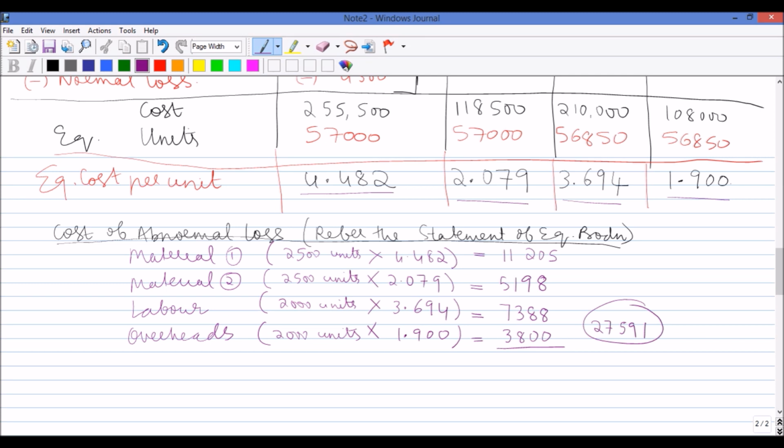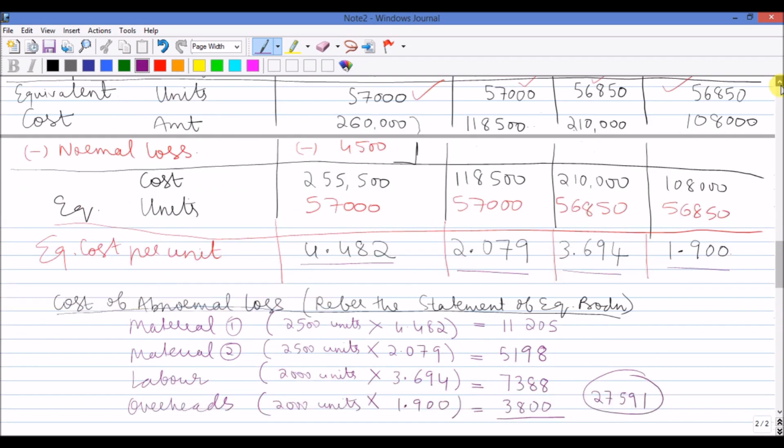2500 into 4.482 is going to give me this. Okay, 2500 into 2.079 is 5198. Yes, 2000 into 3.694 is going to give me, okay, 2000 into 1.9 is going to give me 3800. Yes, 11205 plus 5198 plus 7388 plus 3800 is going to give me 27591.